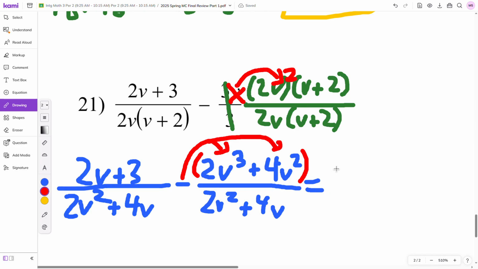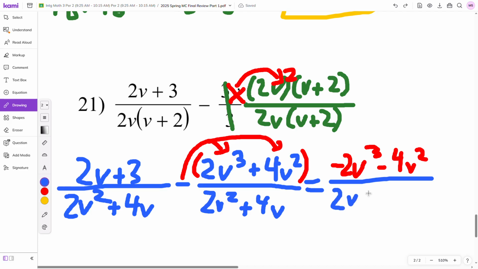And so we're going to end up with minus 2v cubed minus, okay, so they both get a minus. And it's still over that same denominator.